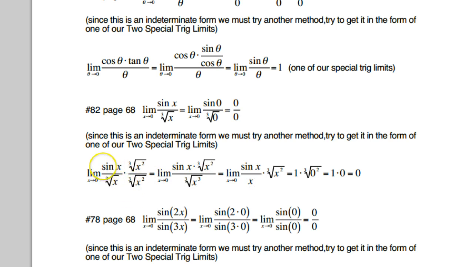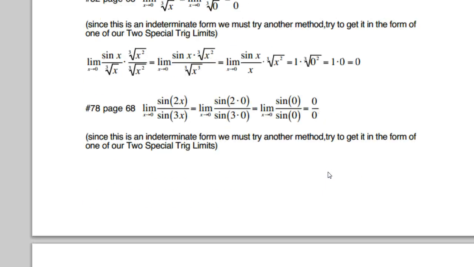So sine of x times cube root of x squared stays up here, and on the bottom I have cube root of x cubed, which just becomes x, and then I move this over to the constant right here. Well, this turns into a 1, and then I plug in 0 right here, and I'm able to get just plain old 0, which is okay. The limit can be 0 if you do that.